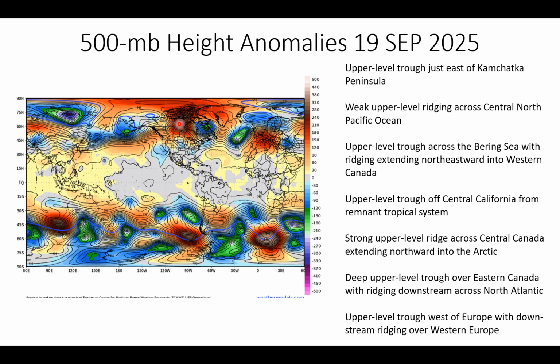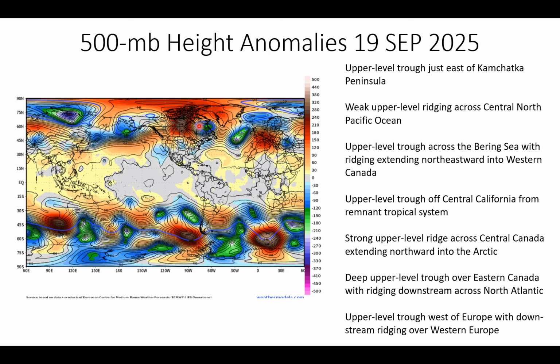To the northeast of that, we have a very strong upper level ridge, which is parked over central Canada, extending north up to the Arctic area. Downstream of that anomalously strong upper level ridge, we do have a little bit of troughing beneath it across the central U.S., across Nebraska into Kansas.